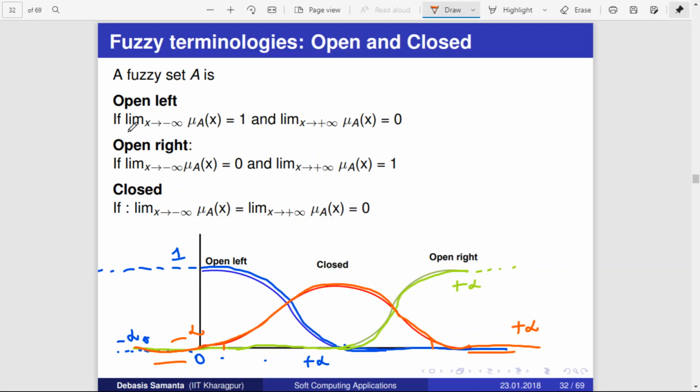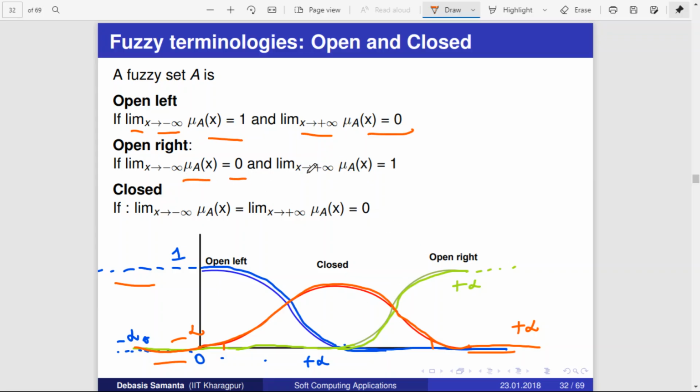Open left means, if x tends to minus infinity, the membership function will result in 1. As x tends to positive infinity, the membership function will result in 0. That is open left. Open right is opposite to that. As x tends to minus infinity, it will result in 0.